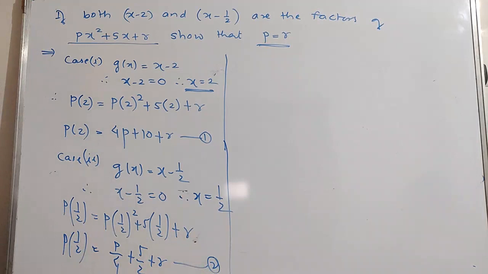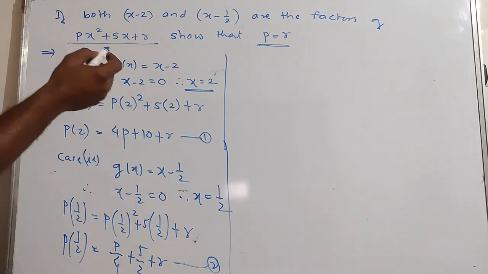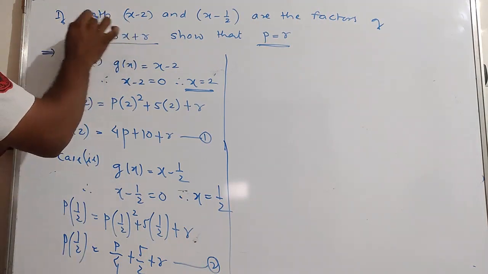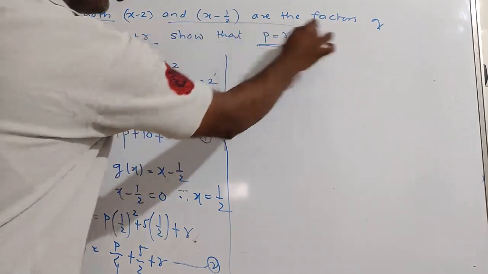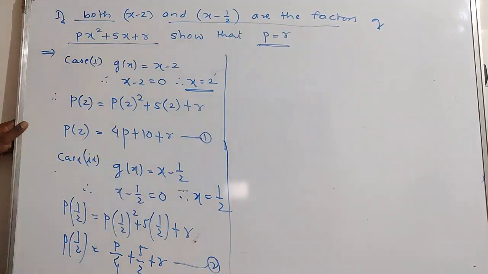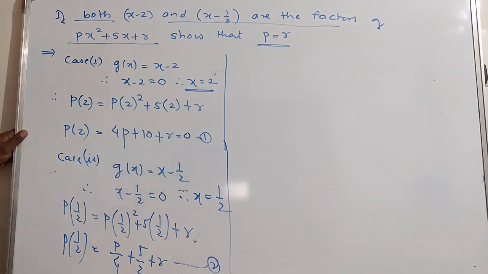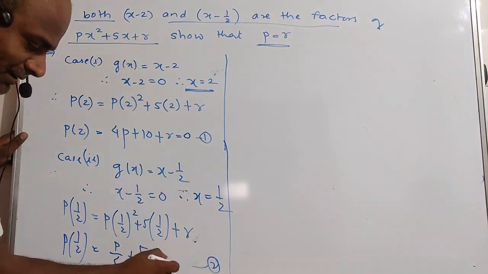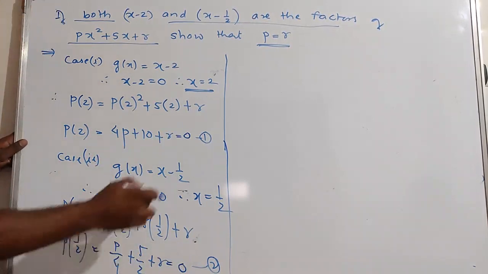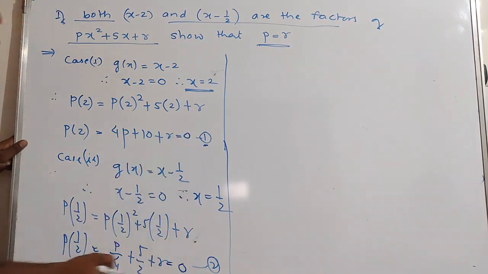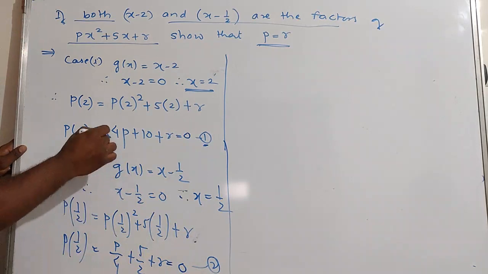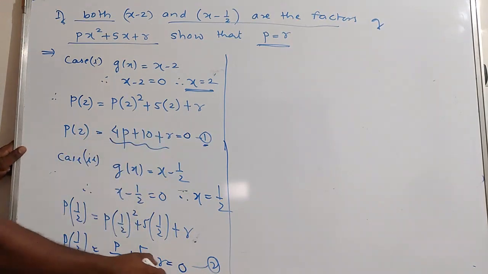And in both the cases, what is told is that both are factors of the given polynomial. Okay? So definitely here the remainder will be 0. This value will be 0. Remainders are 0. So in statement 1 and statement 2, if I compare the RHS, see 0, 0. RHS is same, so this LHS will also be same.